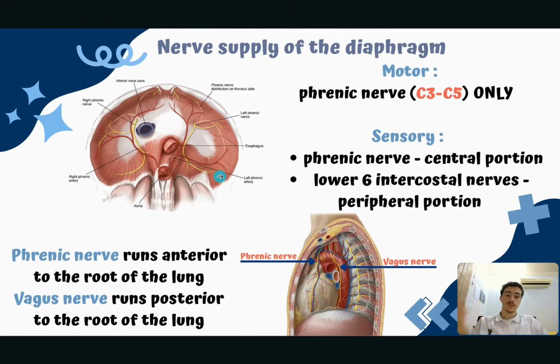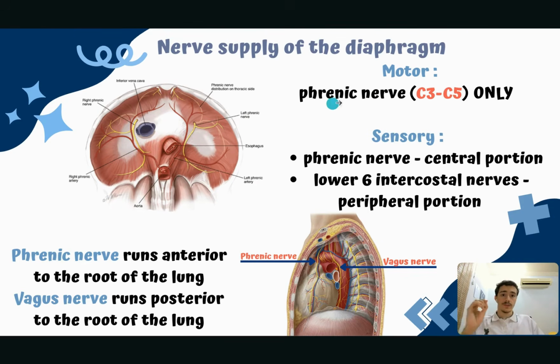Now we're going to talk about the diaphragm, the structures passing through it, and its function. As we know, the diaphragm is a muscle. It needs to move for inspiration, and to relax and contract. So what is the nerve that supplies the diaphragm? The main and major one you need to focus on is the phrenic nerve.